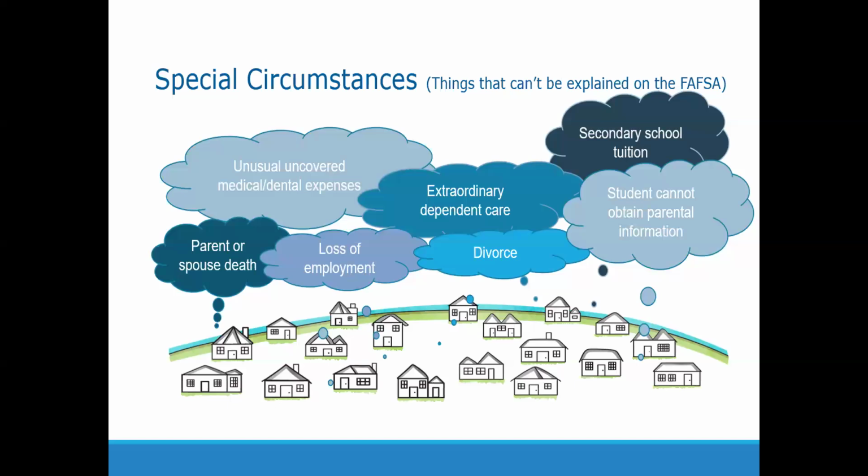So there could be the death of a parent or spouse, there could be a loss of employment, there could be a divorce. So something that has happened since the tax information that's provided till today. And so that is what we call a special circumstance.